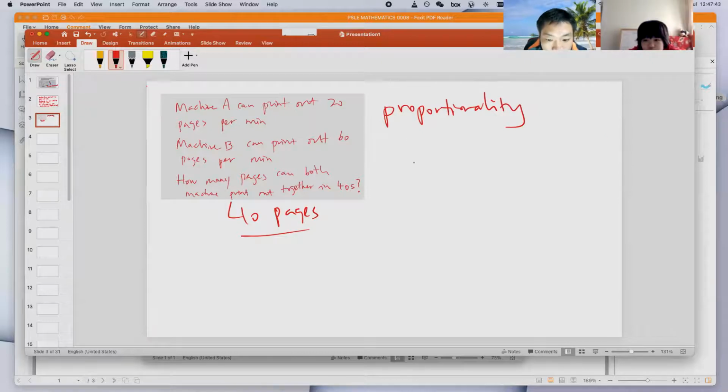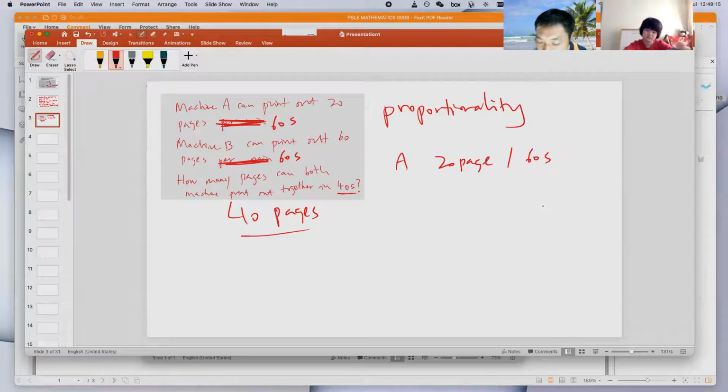So I just need to find out 40 seconds is how many minutes, right? Or rather, I can change this to 60 seconds. The question I ask myself is, machine A, 20 pages per 60 seconds, right?